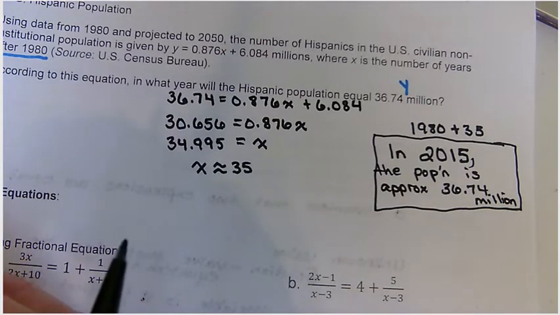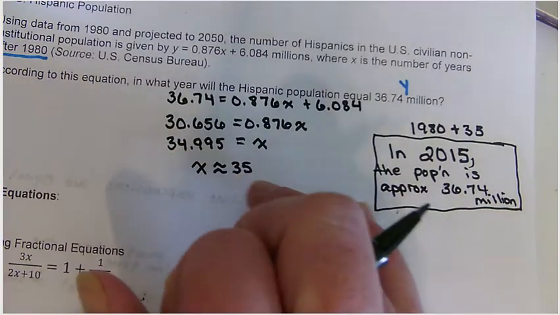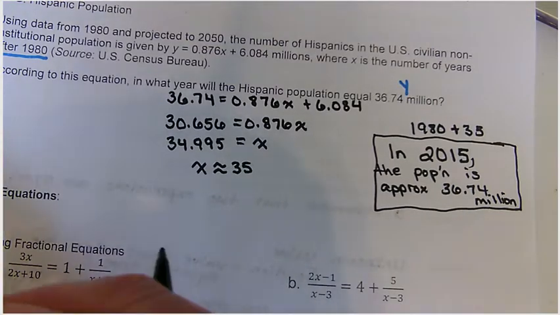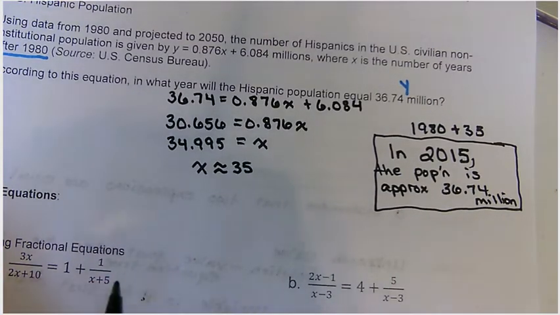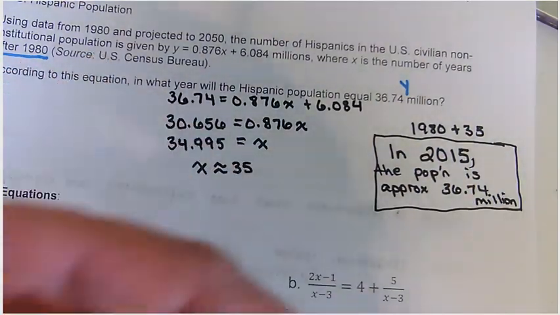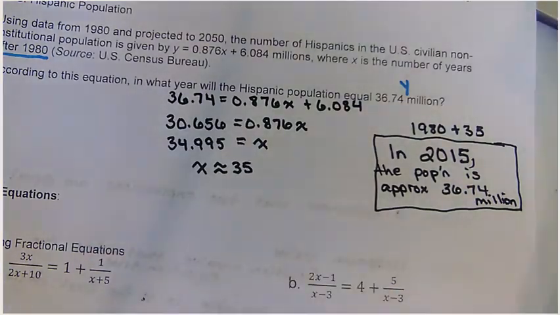When it was a simple equation, just saying x equals 34.995 would have been fine. But this was a word problem. We needed to answer the question that was given to us. In what year will the population equal 36.74? In 2015, the population is approximately 36.74 million.